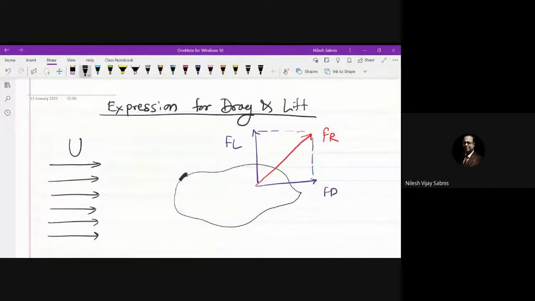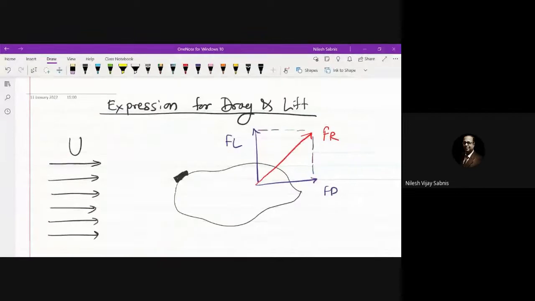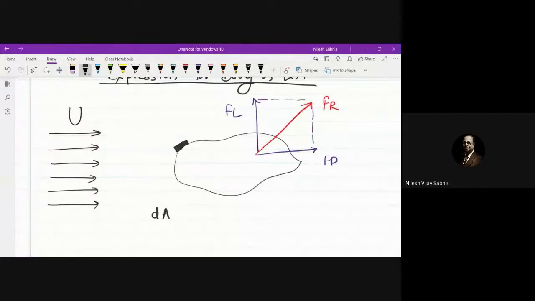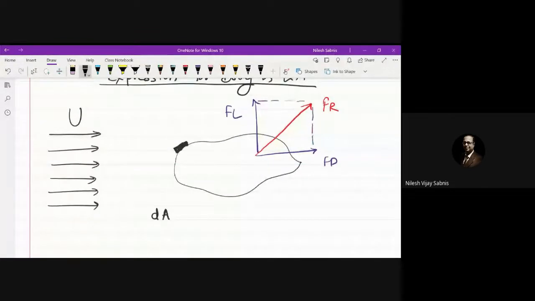A small element of the solid body we will consider, and its area is dA. dA is the area of that small component. The forces which are acting on that component we will see.